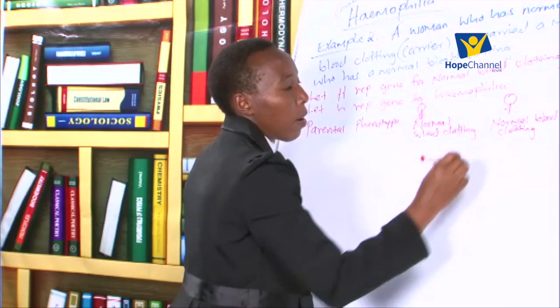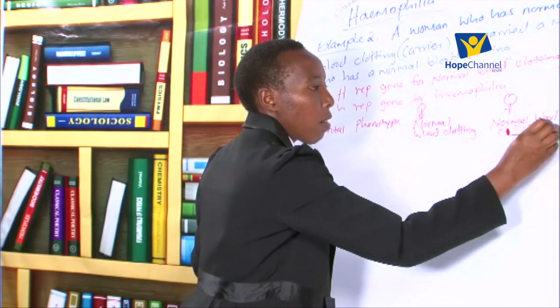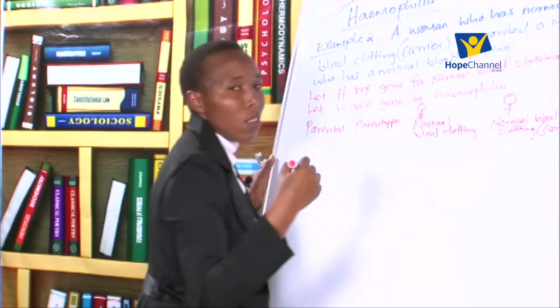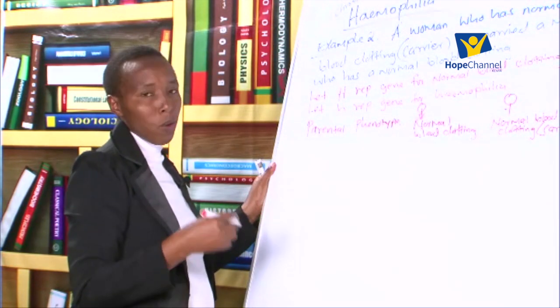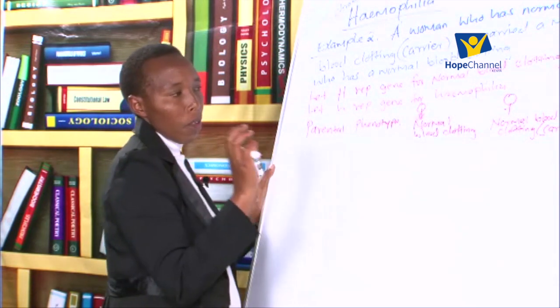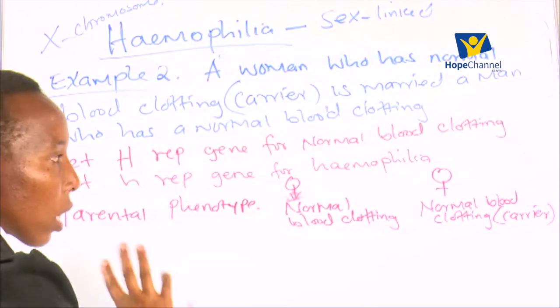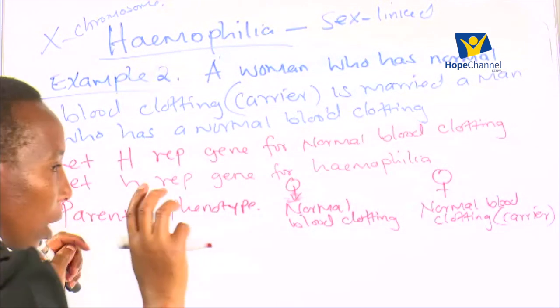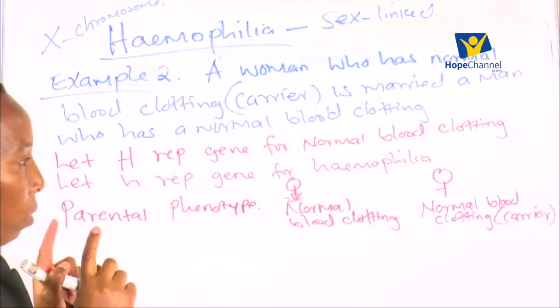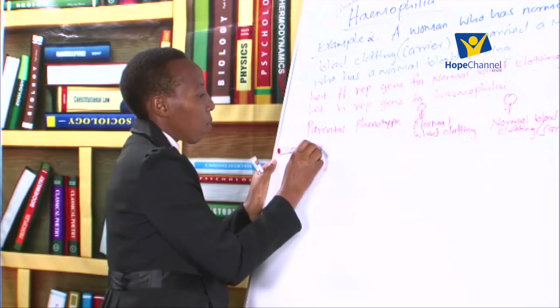But remember, in brackets, this person is a carrier. Of course, we cannot see carriers. We cannot see someone who is carrying a recessive gene. That's why I'm using a bracket. We can only see the normal part. But in quotes, we know that this person is a carrier.